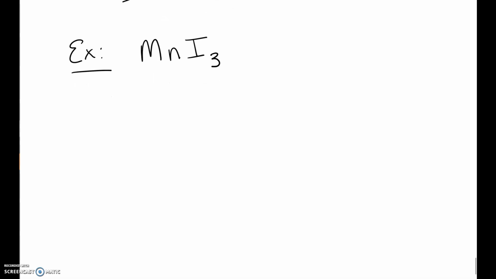Let's look at one more example really quickly. So let's say we have MnI3. The cation here is Mn, which is manganese.